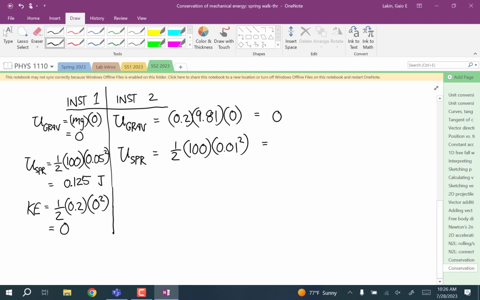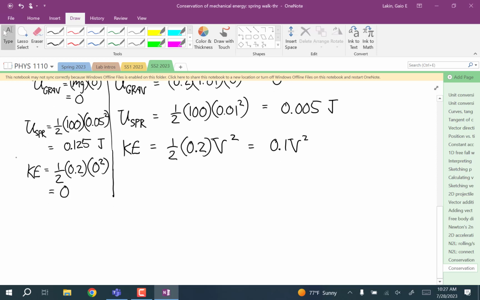And if you calculate that, you get 0.005 joules. And then the kinetic energy, well, we're trying to calculate this speed, so we don't know what capital V is. So we have 1/2 times the mass times V squared. And so that's just 0.1 V squared if you simplify that.